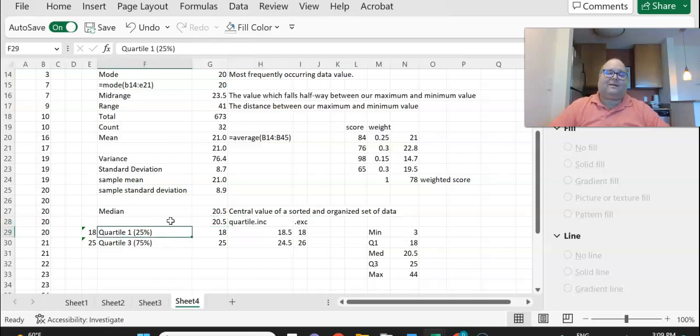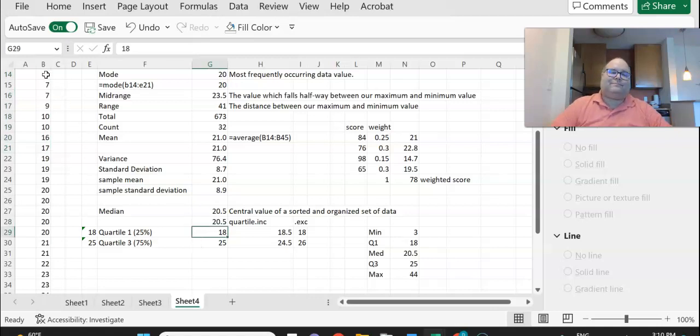Our quartiles: 25% of 32 is 8, so we go down 8 values. We have 17, our next value is 18, and the halfway point between them, 17.5, is our quartile 1.